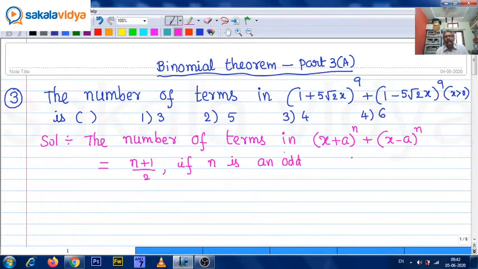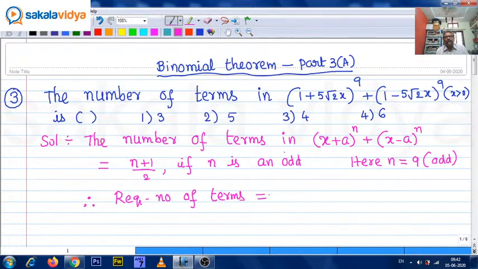Here n is equal to 9, which is odd. Therefore the required number of terms is (9 plus 1) by 2, that means 10 by 2. There are 5 terms in the expansion. That means the second option is the right option.